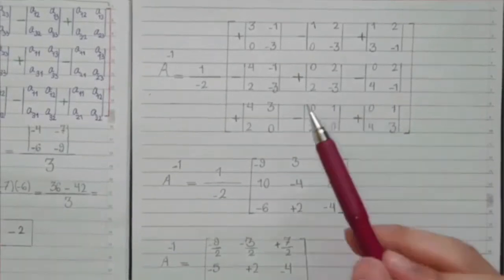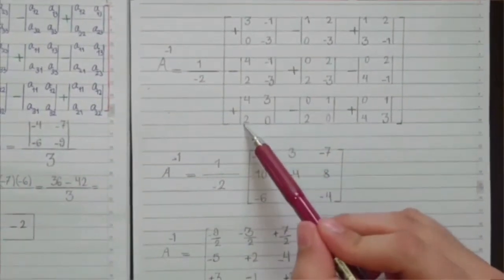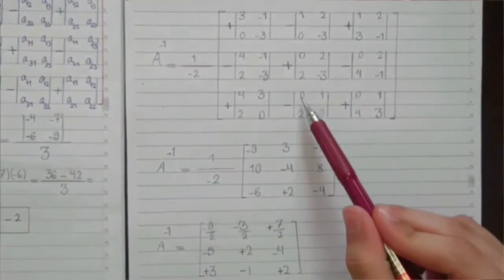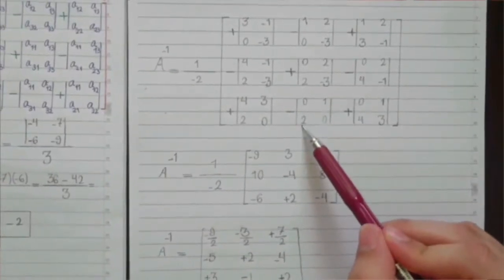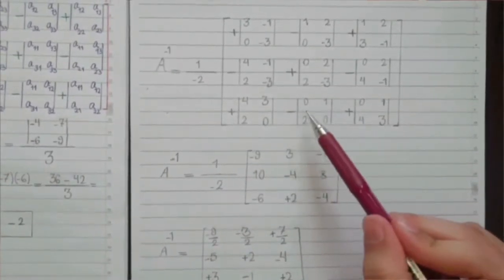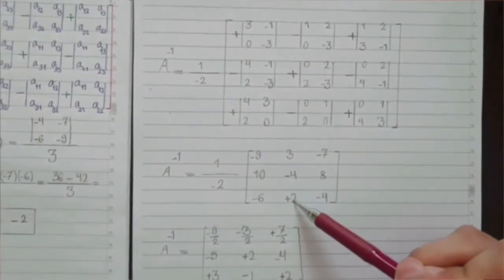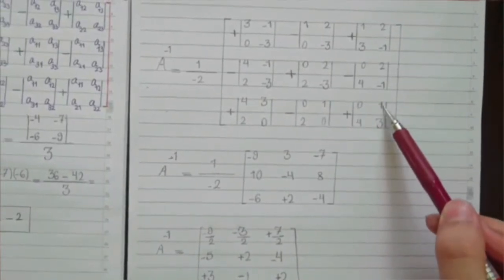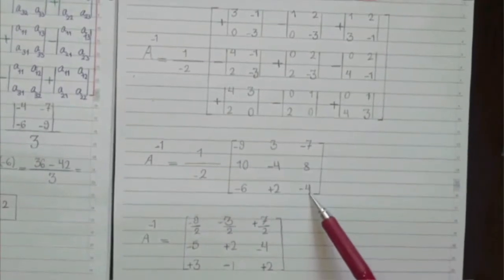And here we have 4 times 0 minus 3 times 2, which is going to be negative 6. Here 0 times 0 minus negative 1 times 2, so it's going to be negative 2, and with the negative sign it's 2. Here 0 times 3 minus 1 times 4, it's going to be negative 4.